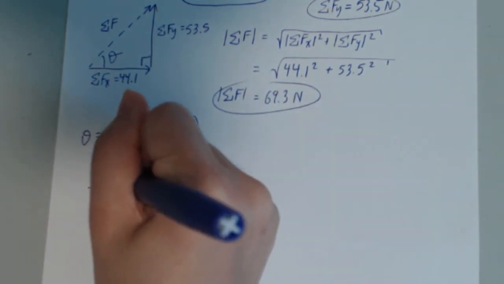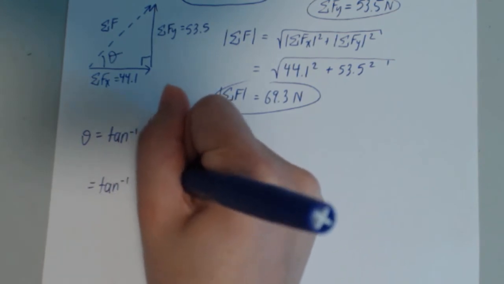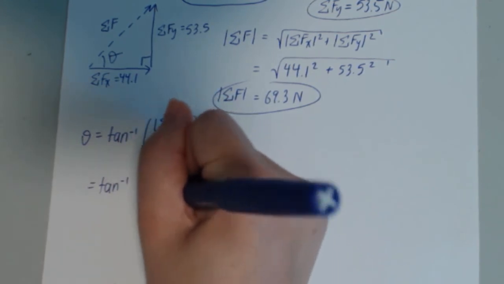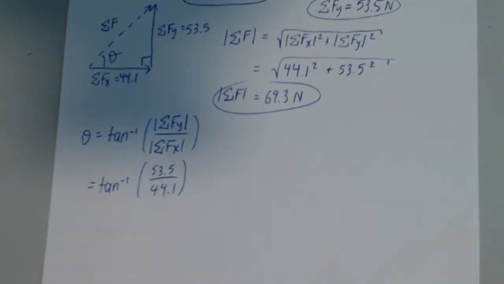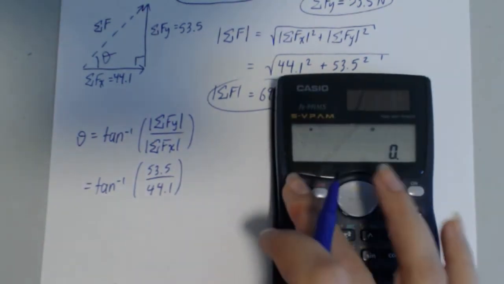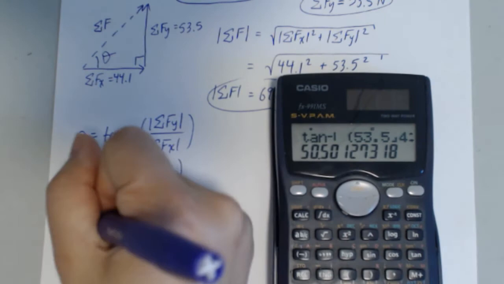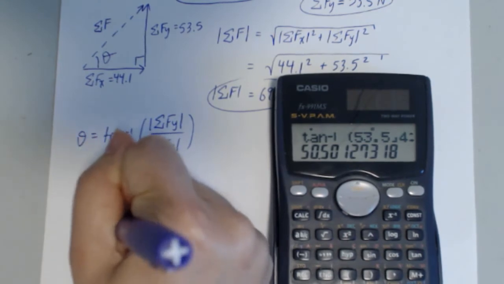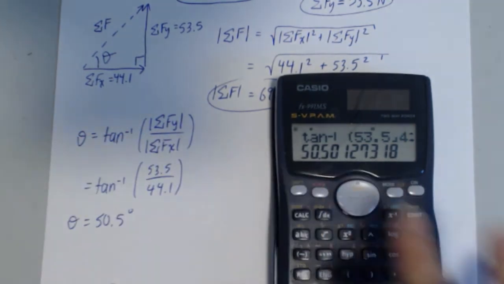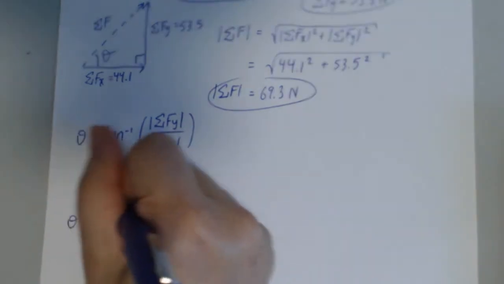So that's the inverse tangent of 53.5 divided by 44.1. Inverse tangent, 53.5 over 44.1, 50.5 degrees. And that is above the positive x-axis, or above the horizontal.